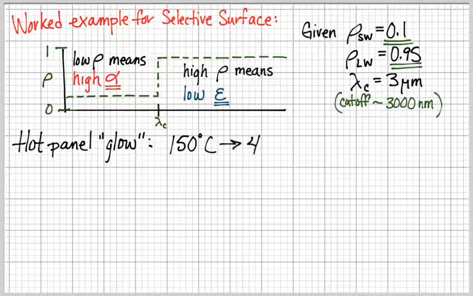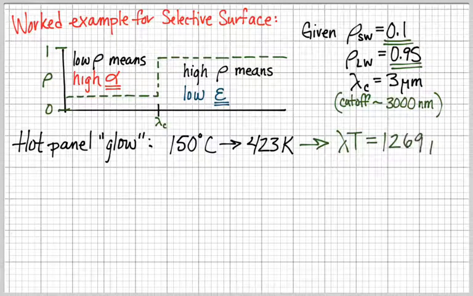But I'm going to think about that panel glowing. And the first thing I'm going to do is I'm going to estimate it glowing at 150 degrees Celsius. And let's see what the total emittance is going to be at 150 degrees Celsius or 423 Kelvin.